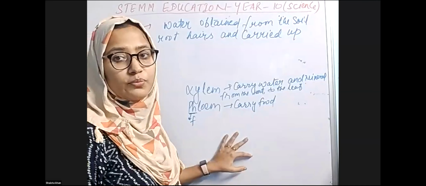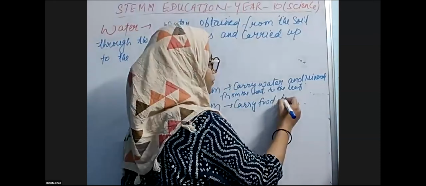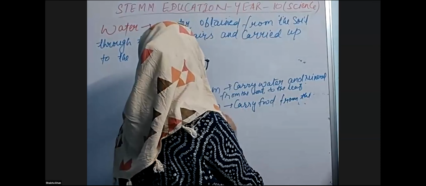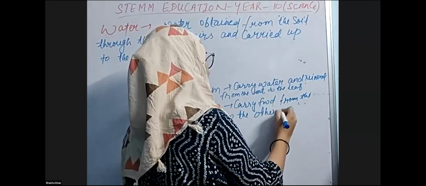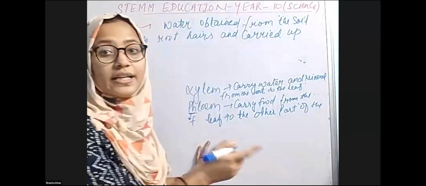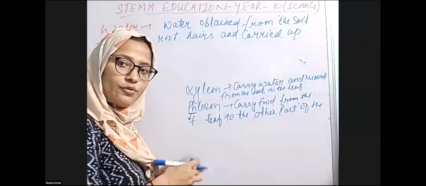Of course, from the leaf, because food is prepared in the leaf. So it carries food from the leaf to the other parts of the plant, including roots. Roots also need food.